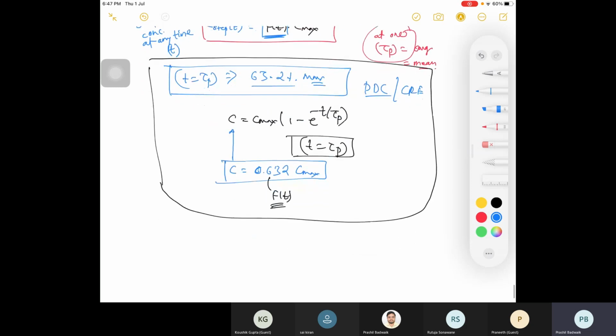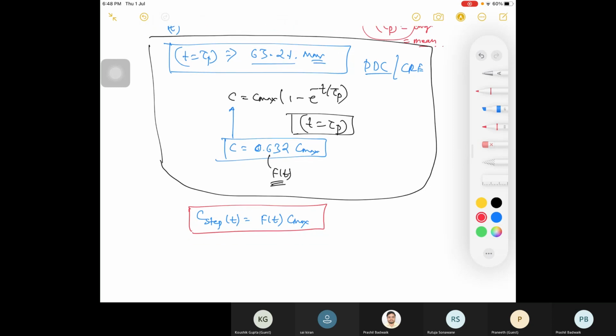So for the exam, please remember C step of t, this is your outlet concentration at any time t, equals your F of t times your C max. Okay, have you written this? So you will have F of t in the case of step tracer injection.